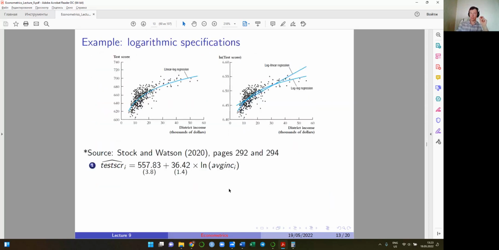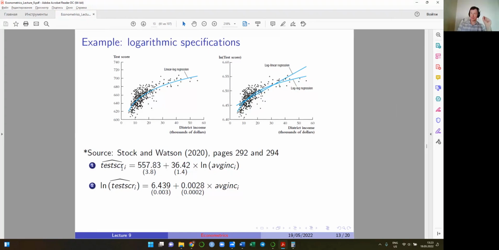So for small changes in average income, for example, let's look at this specification. What does this 0.3642 mean? It means that if average income changes by 1%, test score on average changes by 0.3642.